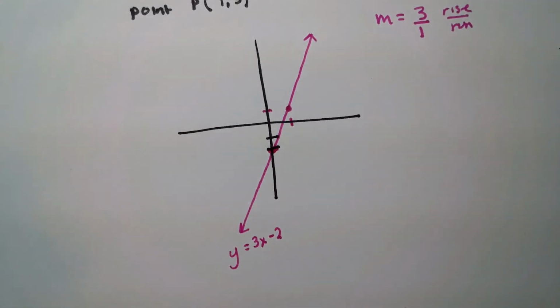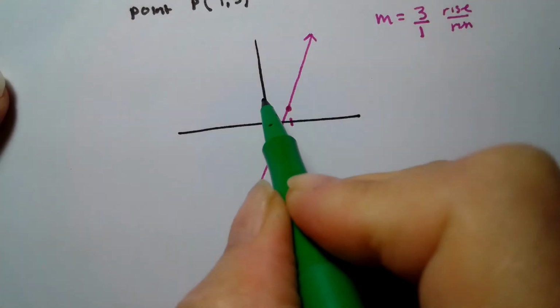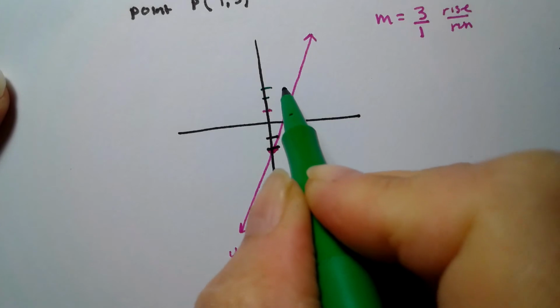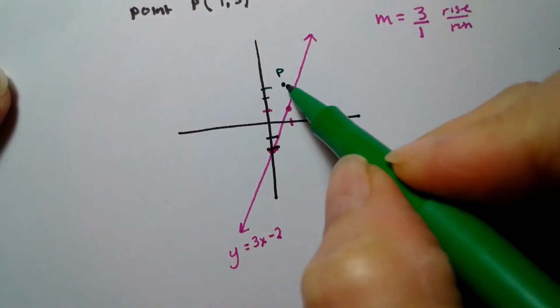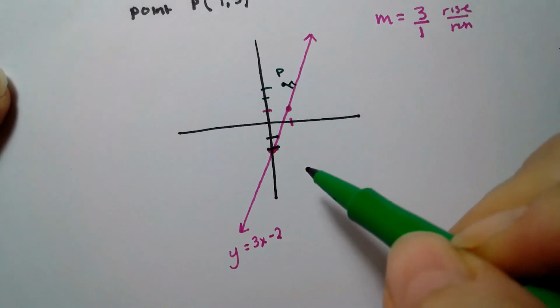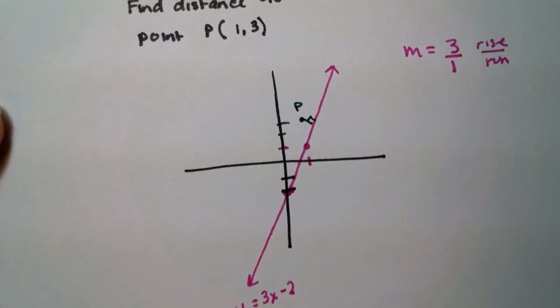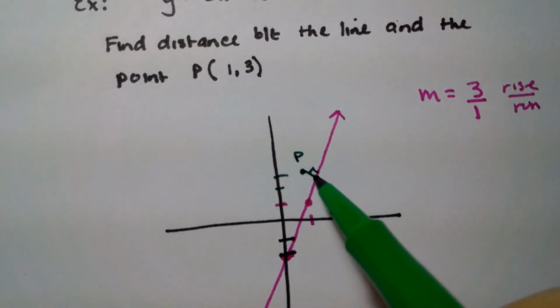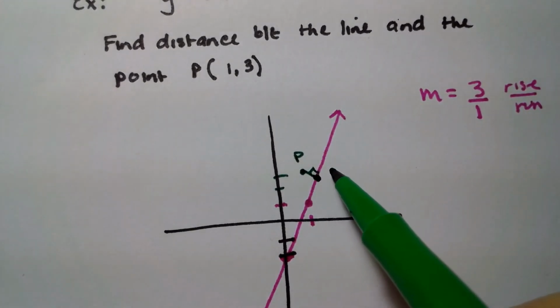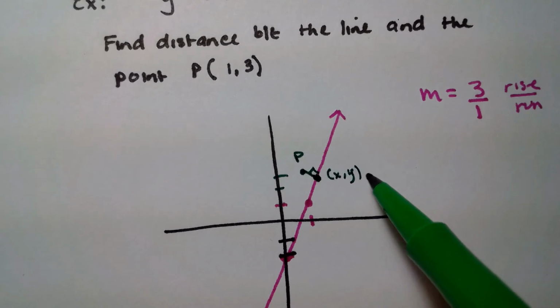The point in question is at (1, 3). So I go over 1 and up 3, and here's my point P. I'm looking for the perpendicular distance here. That point is really close. I'm trying to find this point (x, y) on the line at the foot of that perpendicular.